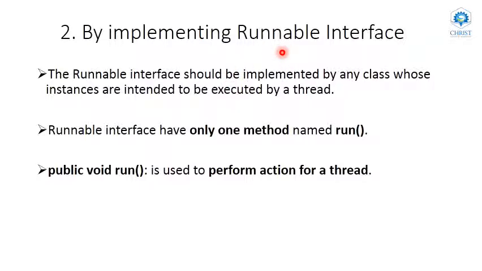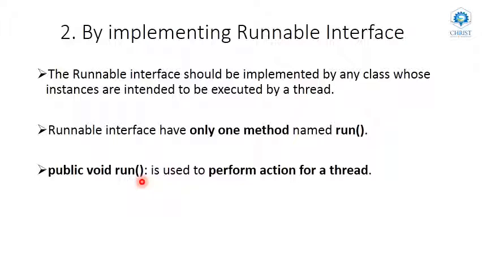So in both Thread class as well as in interface Runnable we have a method named run. And the output of both cases will be the same, even if we are creating threads by extending the Thread class or by implementing the Runnable interface. Only the approach or only the creation of threads will be different.